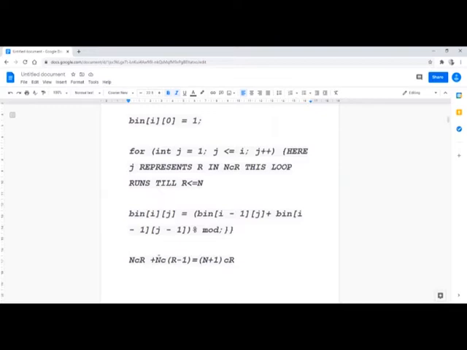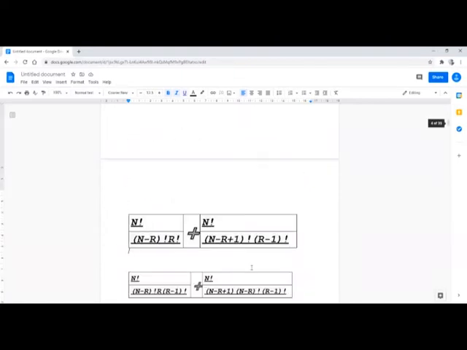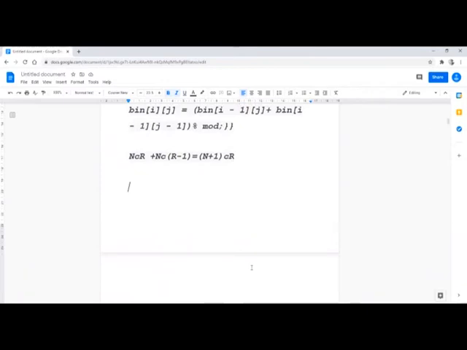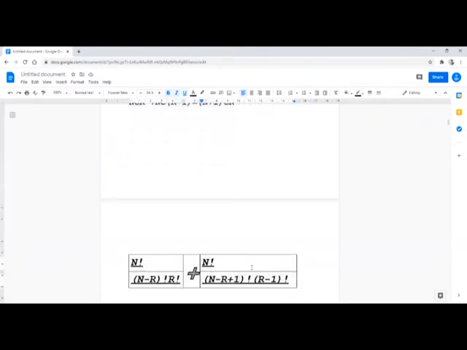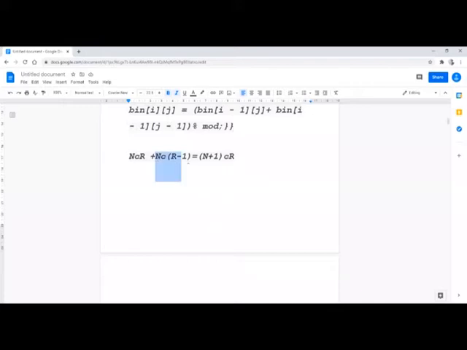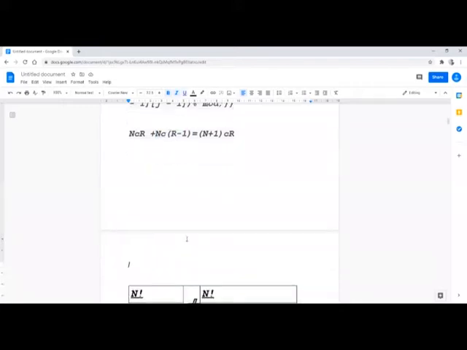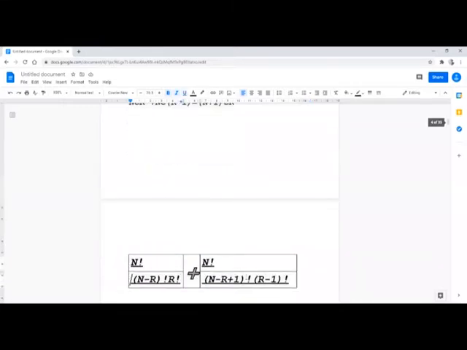So how did this formula come? This formula comes from NCR plus NC(R minus 1) is equal to (n plus 1)CR. Now the proof for that is: the LHS NCR can be written as n factorial by n minus r factorial into r factorial, plus NC(R minus 1) can be written as n factorial by n minus r minus 1 factorial.